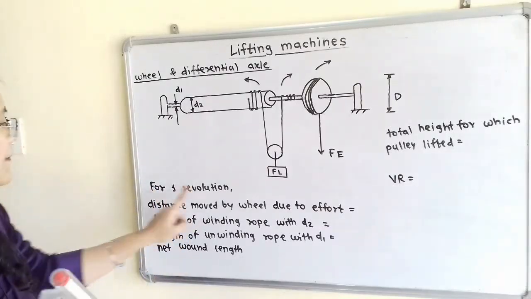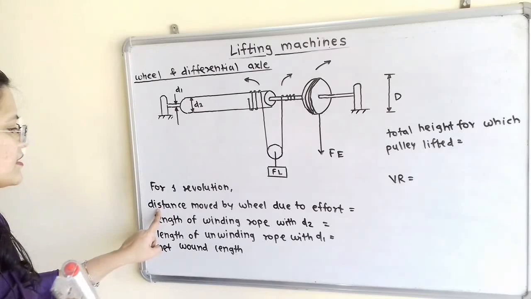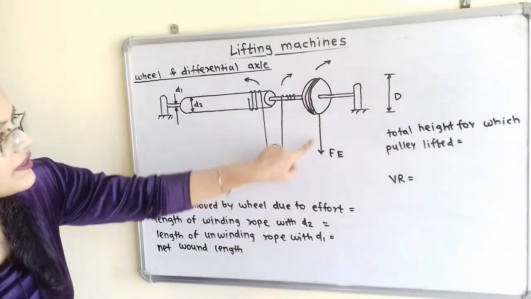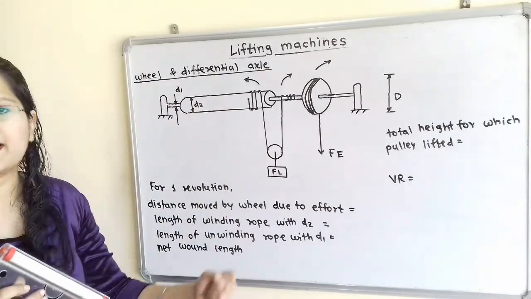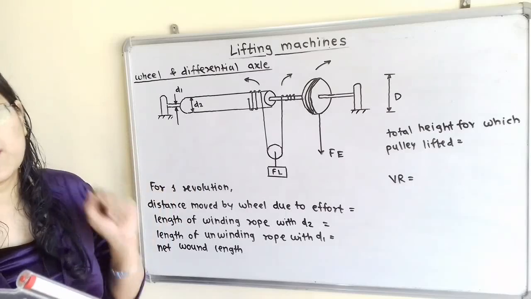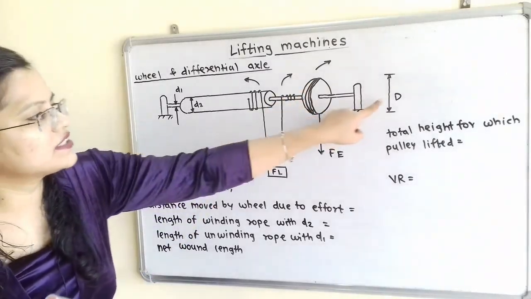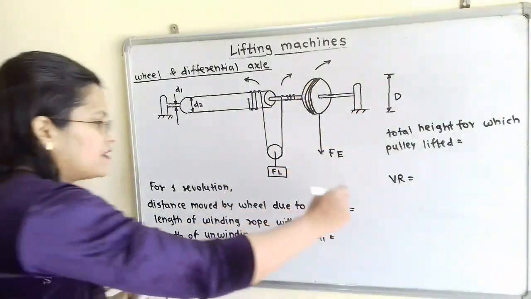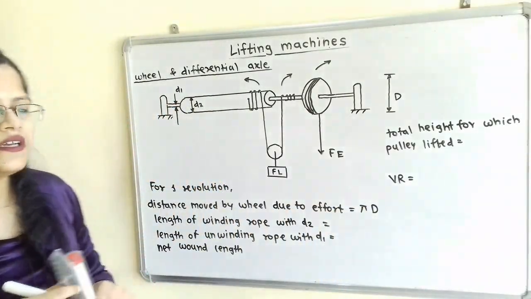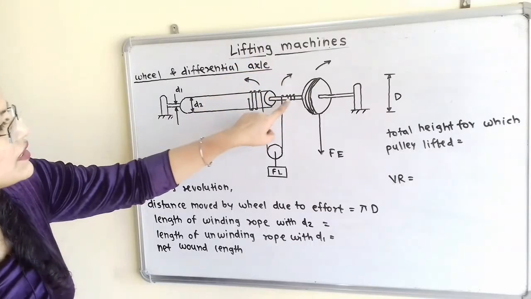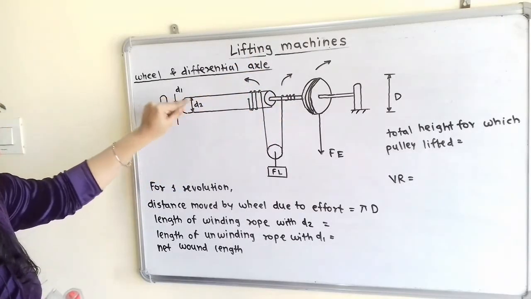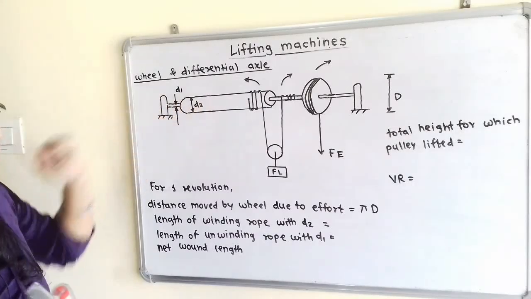Now for one complete revolution, what is the distance moved by the wheel due to effort? So here is the effort FE applied. If we apply the effort, then what is the distance moved by the rope? That is equal to the perimeter of this wheel, that is equal to pi D. So I will write here pi into capital D. Now in one complete revolution, there is also one complete revolution of the axle with diameter d2 as well as d1.